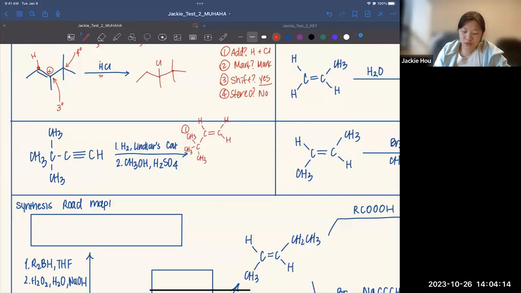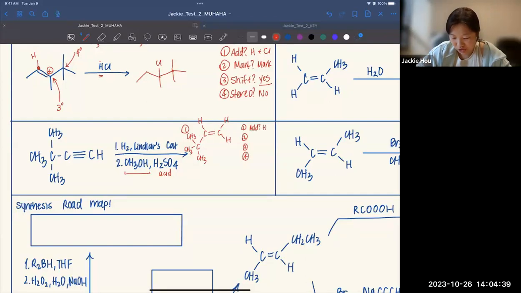And then the next step is asking us to add acid-catalyzed solvation. Basically, we have an alcohol and also an acid. So again, in this step, we can run through our checklist. What does it add?